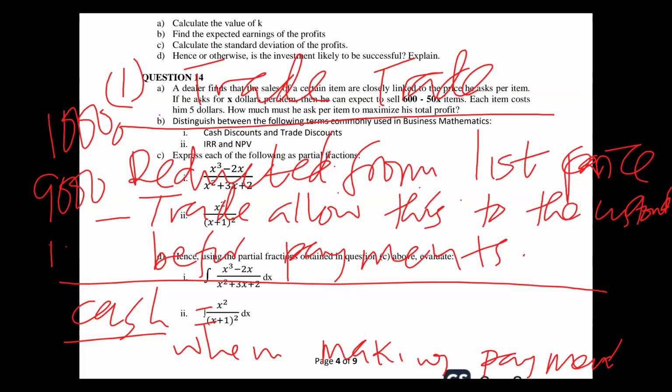So when you go to make payments, you manage to pay within 10 days, since you've paid early, we can again cut from the cash. Instead of paying 9,000, you can just pay maybe 9,500. So that's an example of how these are different. The trade one is given at the trading point. Then the cash one is given at the point when someone is making payments. Hope that is clear.